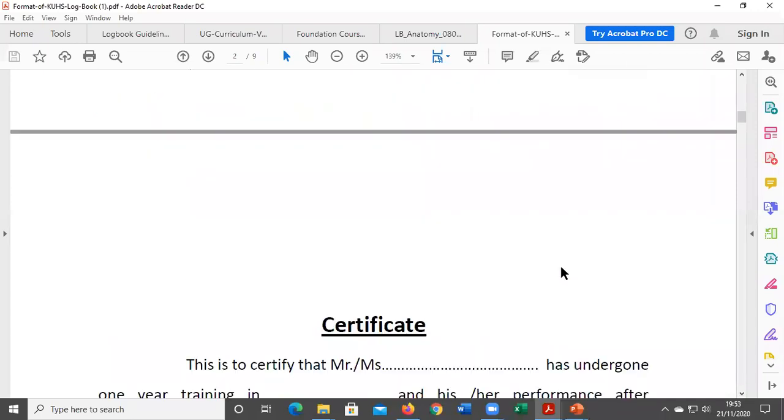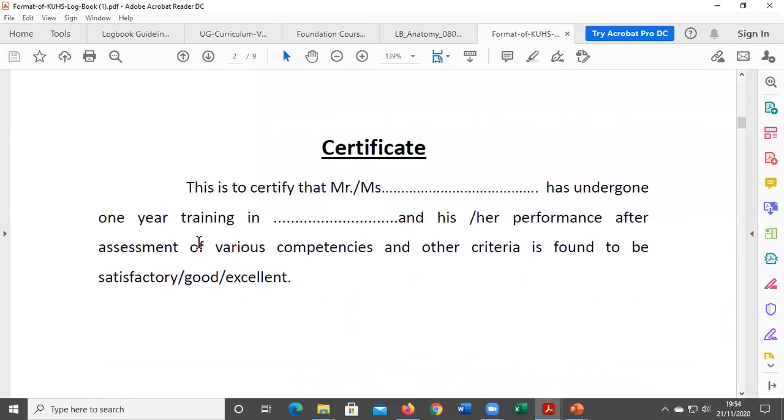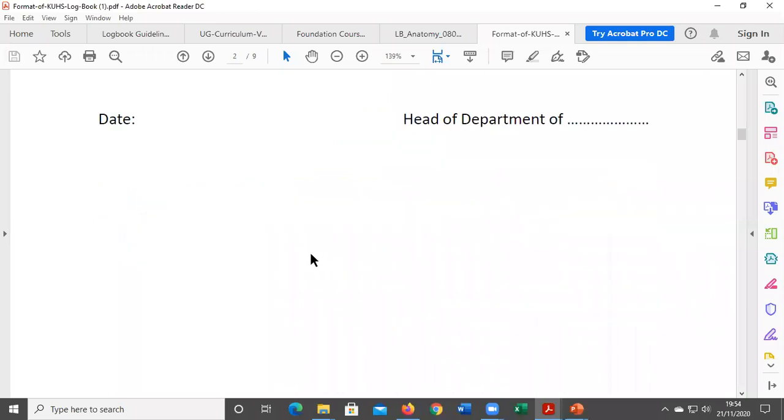Then the second page is a certificate page, and this certificate page says that the student has undergone 1 year training in, of course, the subject, and his or her performance after assessment of various competencies and other criteria is found to be satisfactory, good, excellent. Okay, so everyone has to fulfill and become satisfactory for sure, and then move ahead, good and excellent. So the certificate page is this, signed by the head of the department.